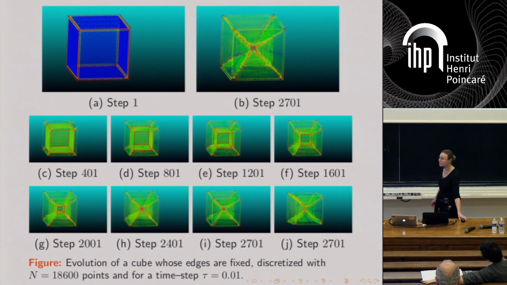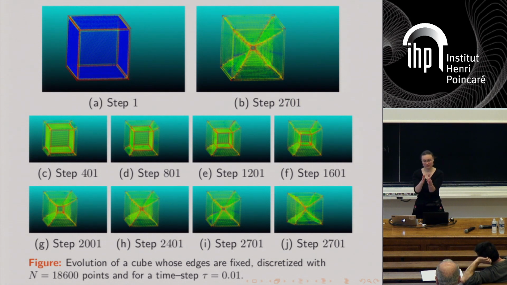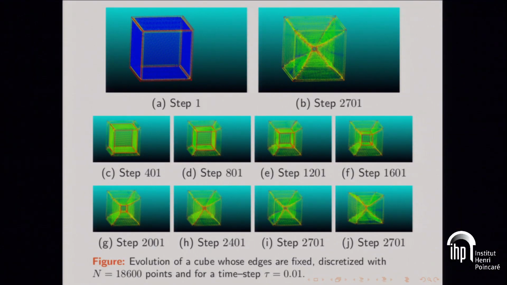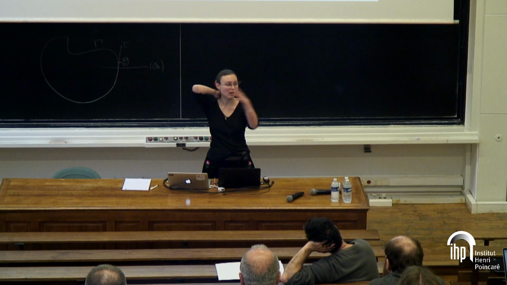And so here you have different steps of the flow. You see that you have a small cube that shrinks in the middle, and at some point the cube is just 1 point, and you have a cone on the edges, and then this cone is not minimal. You can do better than the cone on the edges in order to minimize the area.